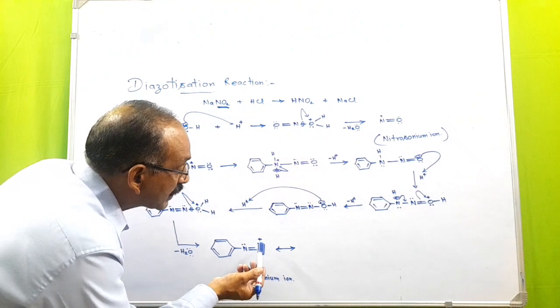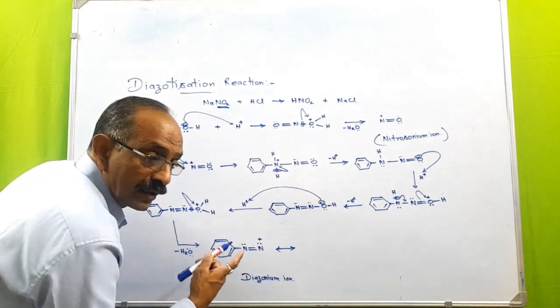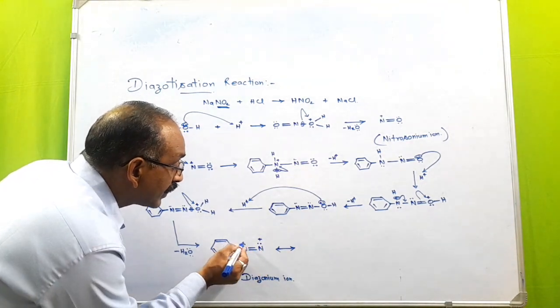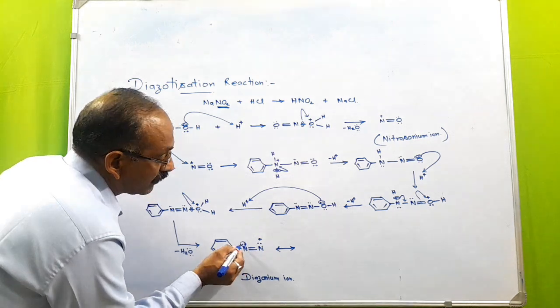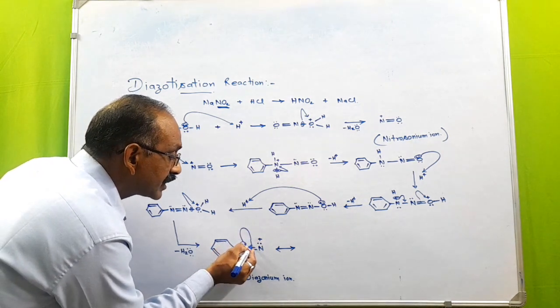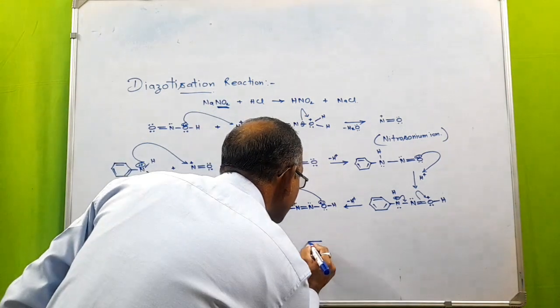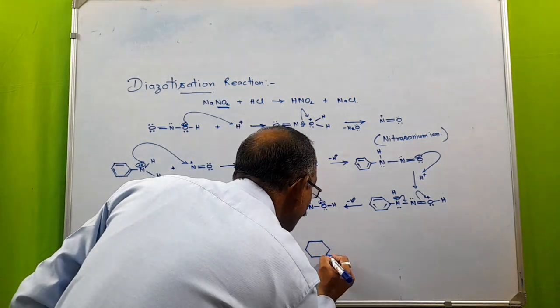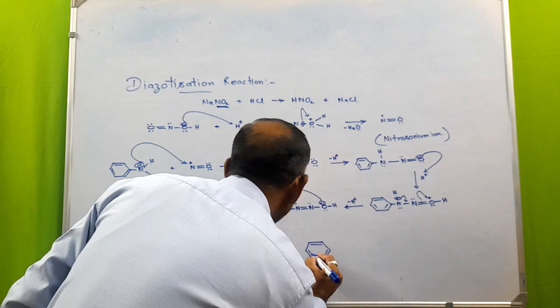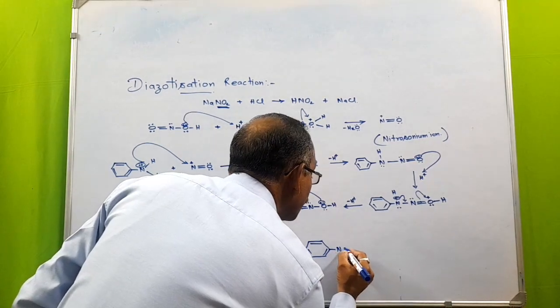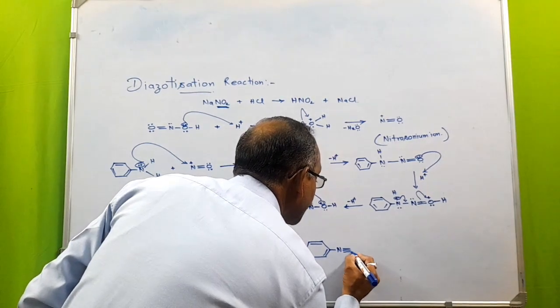In order to compensate the positive charge, the electron pair of the nitrogen will shift in between the two nitrogens. And then there will be a triple bond between the two nitrogens.